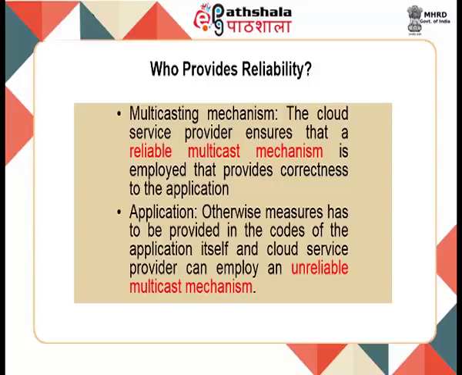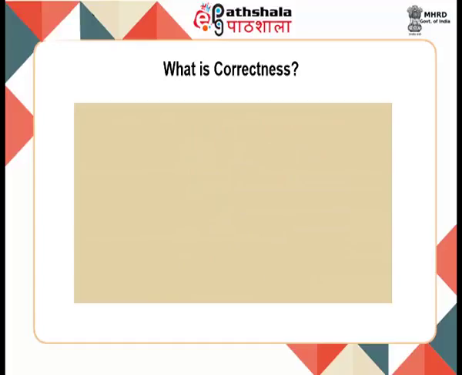So, if the SLA or service level agreement of an application requires that the multicast communication be reliable, then it is the responsibility of the service provider to guarantee reliability, or otherwise if the application has not opted for a reliable multicast, then the application level itself can provide a reliable multicast.